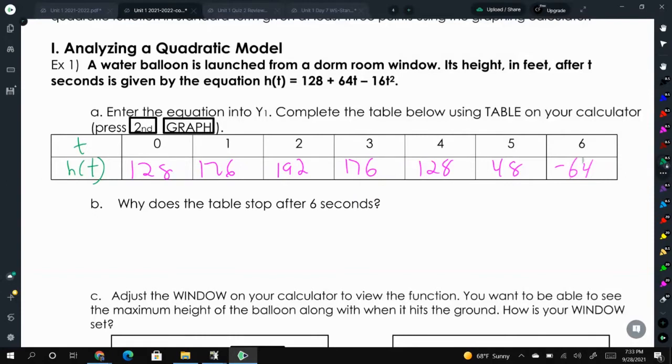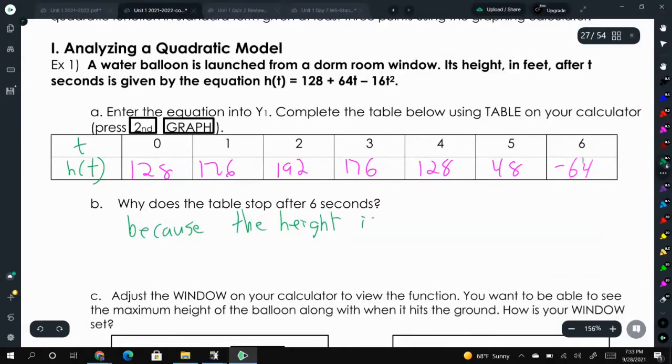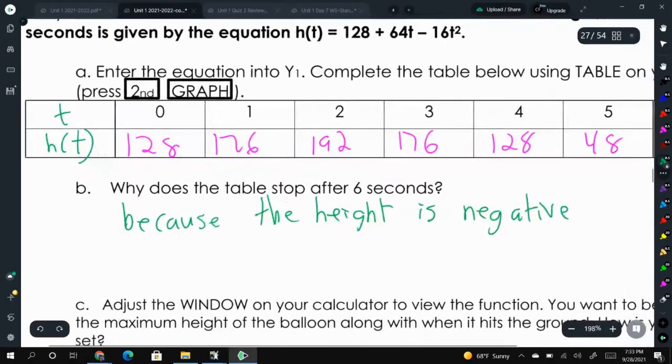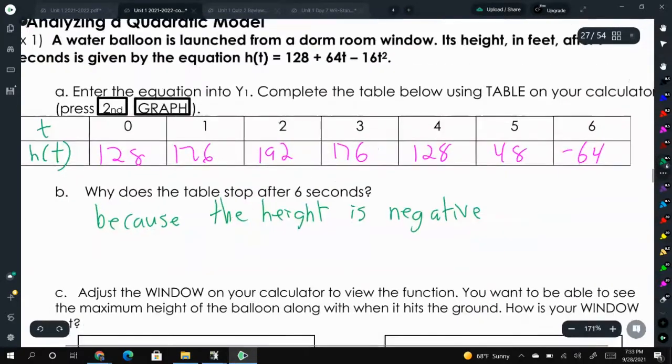So why does it stop after 6 seconds? Because the height is negative. So this is an issue that occurs when we look at problems in context. You have to think about, what does this really mean?